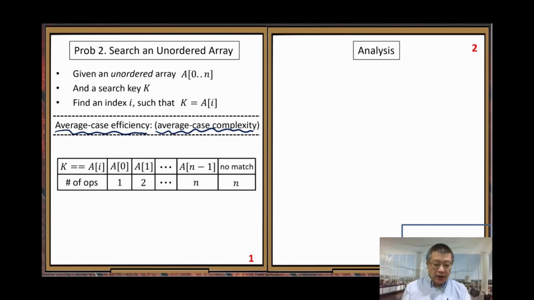All right. So let's look at all the cases, because in order to look at the overall efficiency, we need to consider all the possible cases.